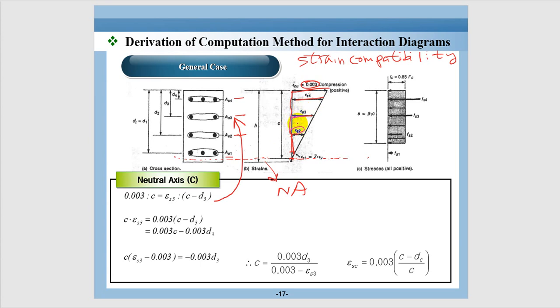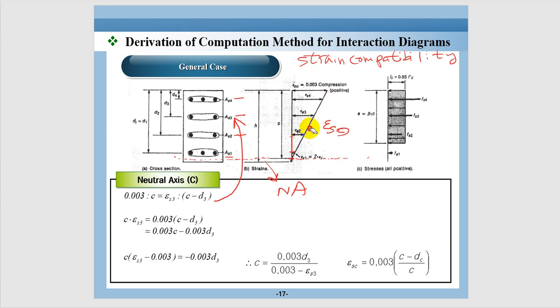Now can you calculate, for example, the layer strain at this layer of rebars? Of course, these rebars are in compression, epsilon S, I would say. Okay, this is compression because they are on the compression side. So how are we going to calculate this? We know the extreme maximum usable concrete strain is 0.003.